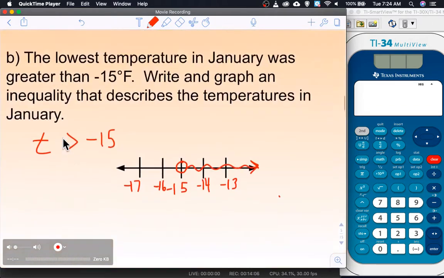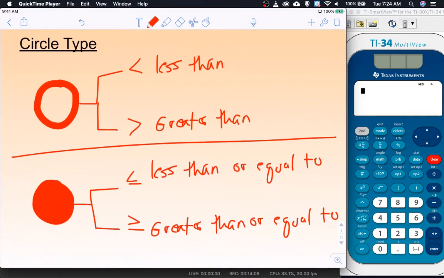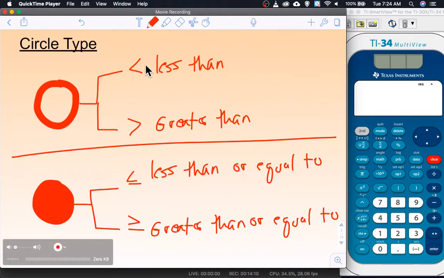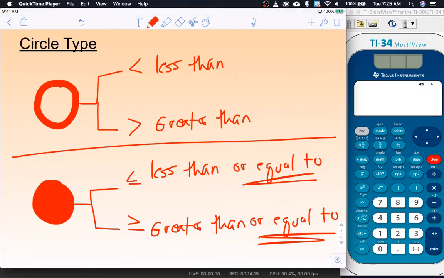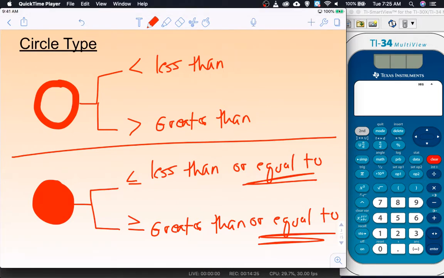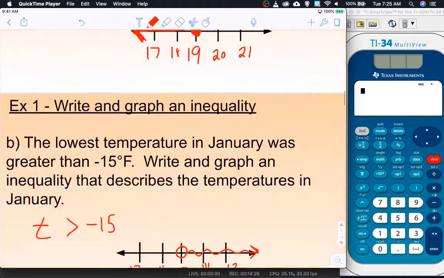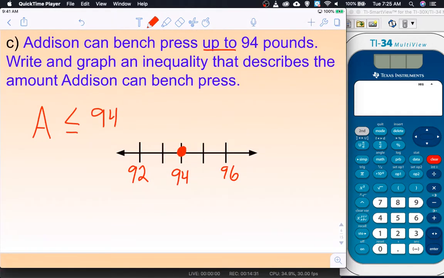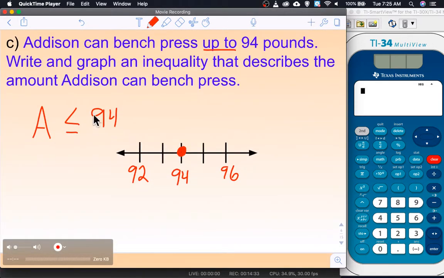If we go back up to look at the circle type, the just less than and just greater than have the hollow dot. The or equal to get the solid dot. That's how you can tell at a glance what type of dot you should be using, solid dot or hollow dot. Okay, so if we go back down here, we have our solid dot at 94.